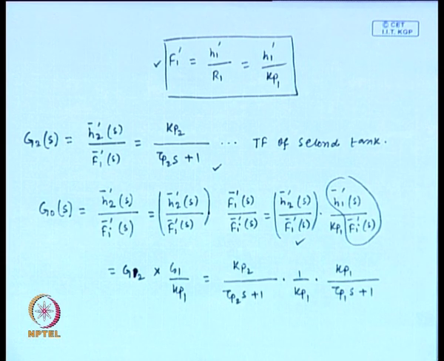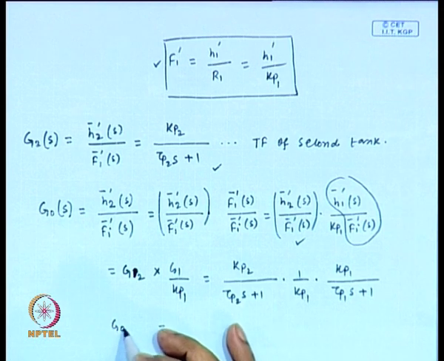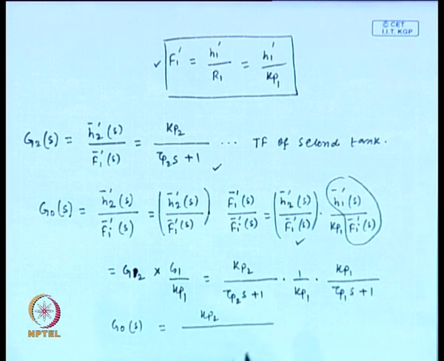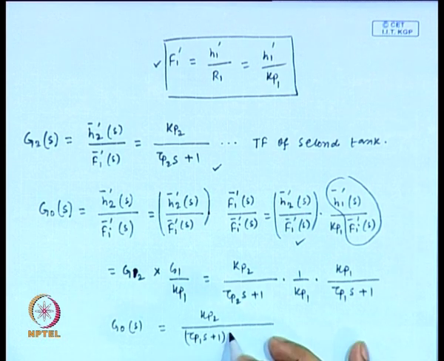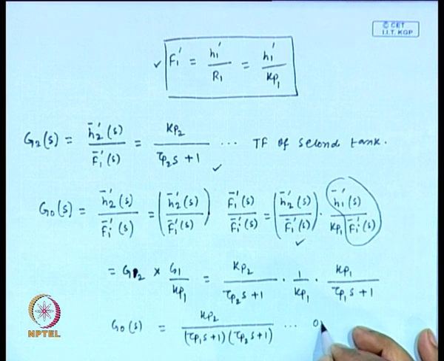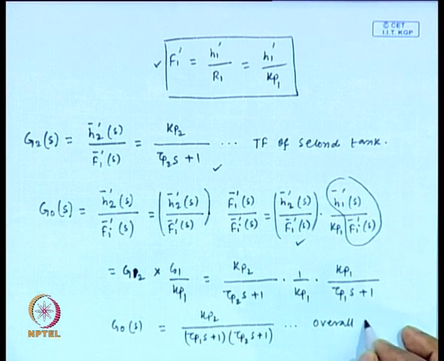Agree? So, the overall transfer function G naught(s) we can write as Kp2 divided by tau P1 s plus 1 multiplied by tau P2 s plus 1. This is the overall transfer function of the example non-interacting system.